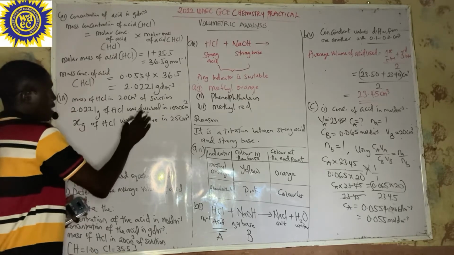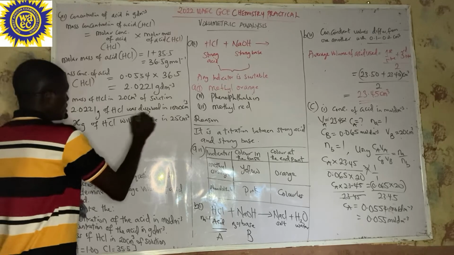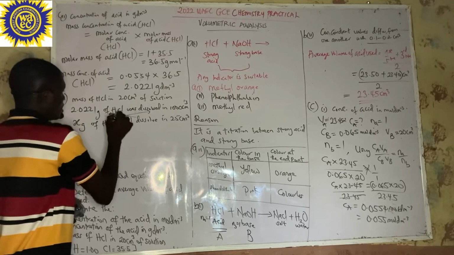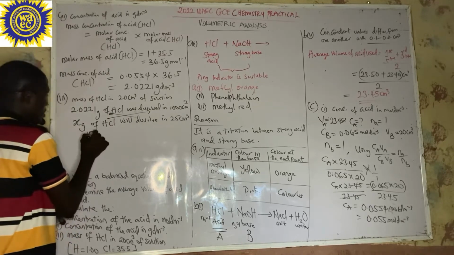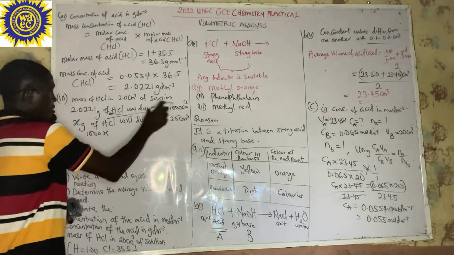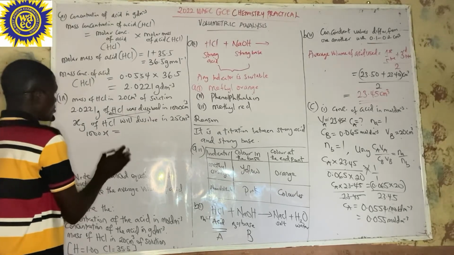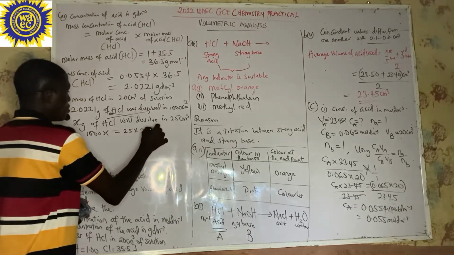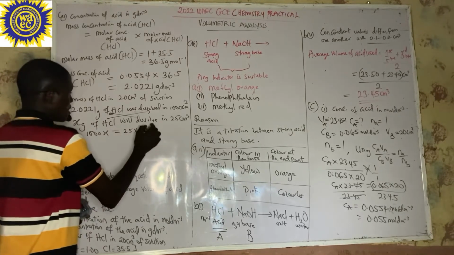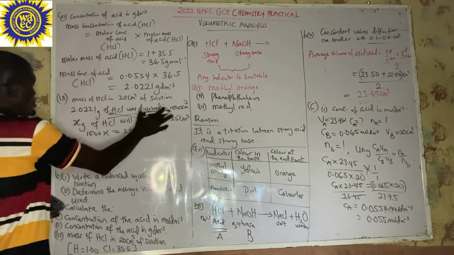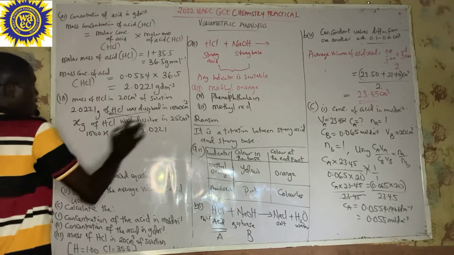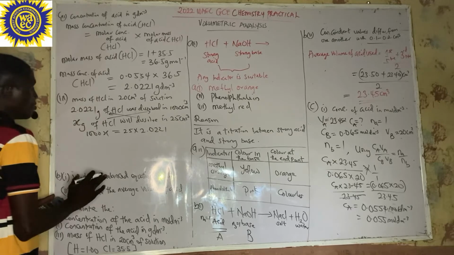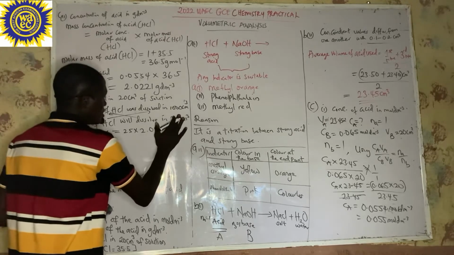When you cross multiply, you have X times 1000, that is 1000x, equals 20 times 2.0221. I'm not using an approximate value here, I'm using everything. It's not even 25, it is 20.